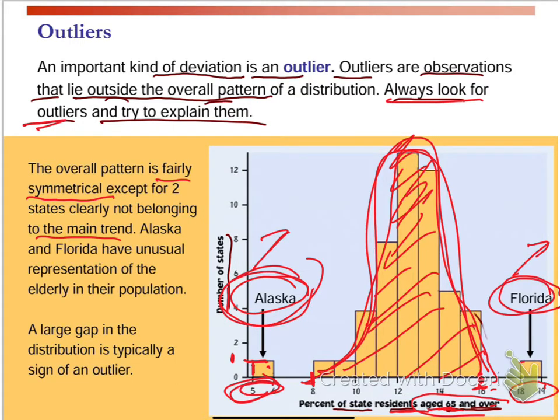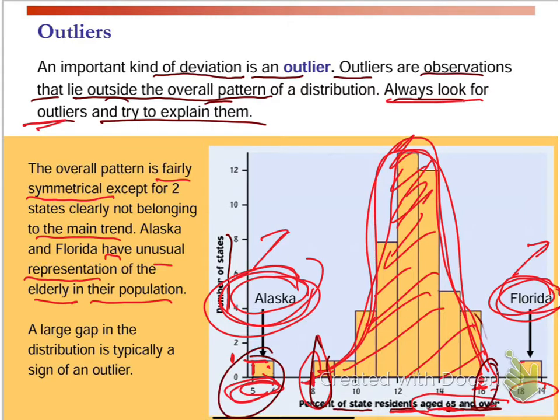Alaska and Florida have unusual representation of the elderly in the population. This is the interpretation which I can give: I have two states, Alaska and Florida, with unusual representation of the elderly in their population. In all the states of America, the percentage is between 8 to 16, except for two states, one of which is very low and one of which is very high.